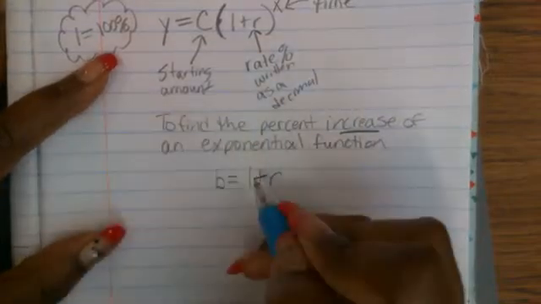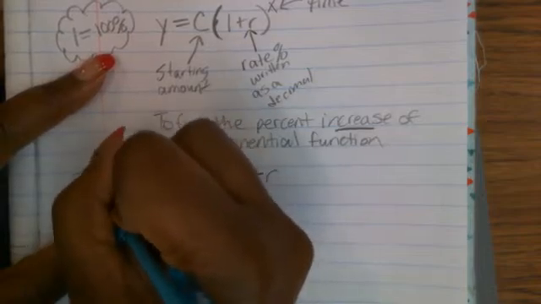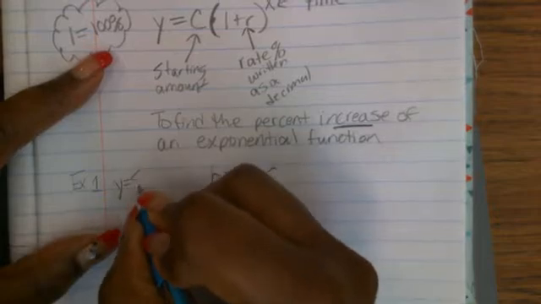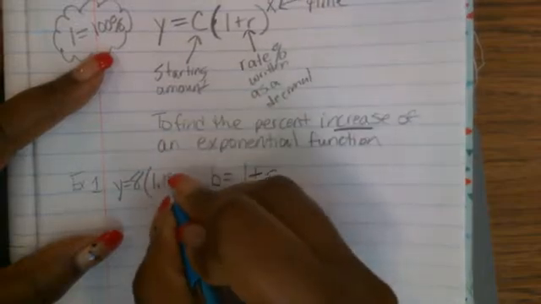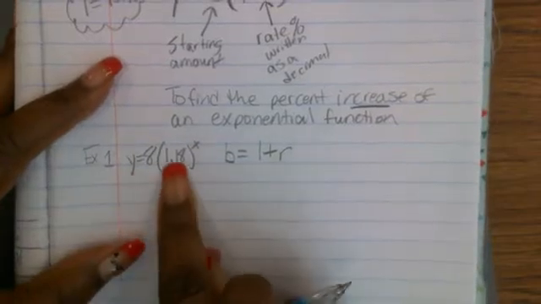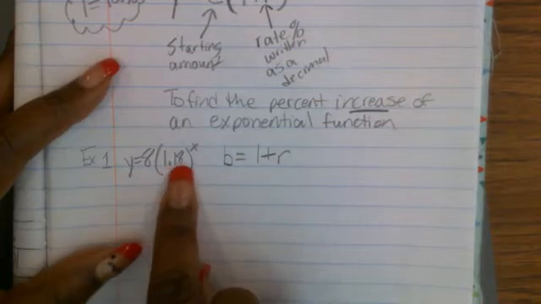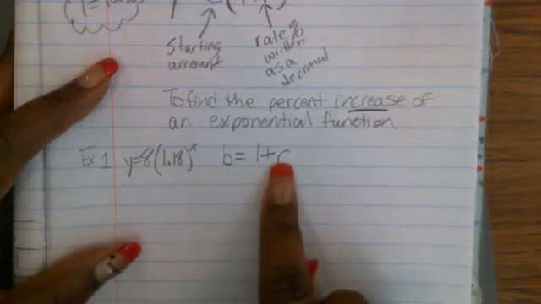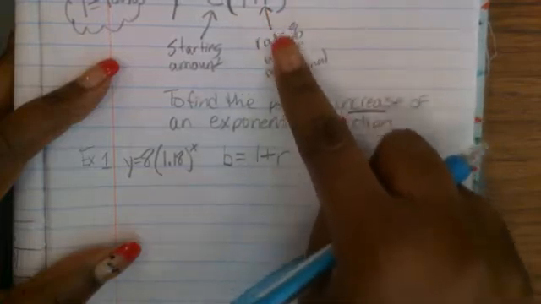So let me give you an example of how to do this. Okay, so our example, number 1. We have the equation y is equal to 8 parentheses 1.18 to the x power. So now, in order to figure out the percent increase for this problem, this is my B here. Since this is my B, I'm going to plug it in for B and solve for R, which is going to be my rate or my percent increase.